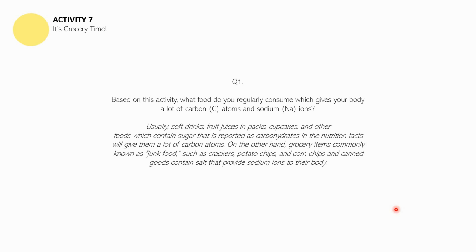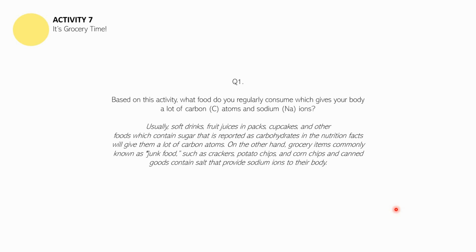So, yung mga zesto, yung mga ininom yung mga soft drinks like Coca-Cola, like Coke, Sprite, Royal, yung mga yon. Also, yung mga fruit juices na nakalagay sa mga Tetra Pak, yung mga yon.